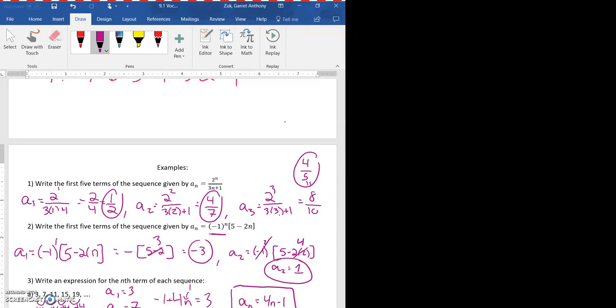But what's going on in the bottom here? Maybe this part's a little trickier. Again, let's start to notice what's happening with each of these. So I'm going to do a little erasing real quick.